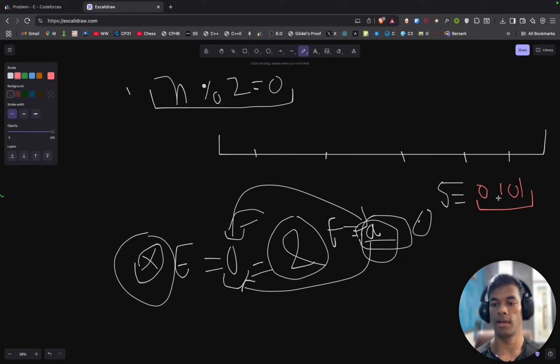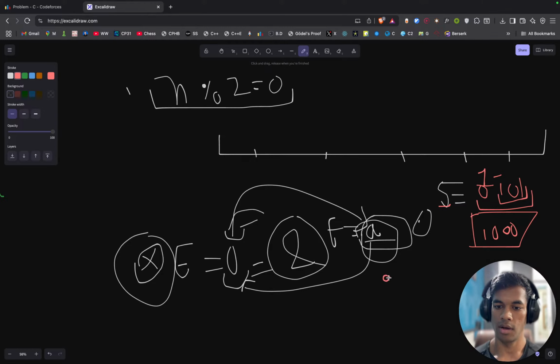I have to find the next number where this bit is 1 and all of these are 0, and that number would be 8. So 8 is 1000, which means I have to find a power of 2 that is greater than the given number, which would be 8. For 9 it would be 16, for 17 it would be 32, then 64 and 128, and just like that.